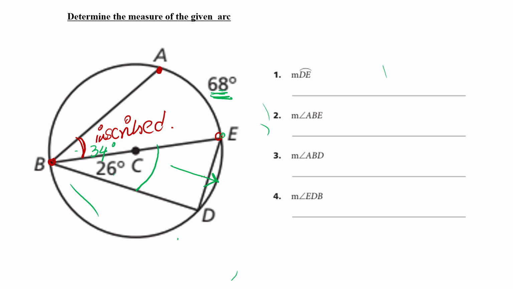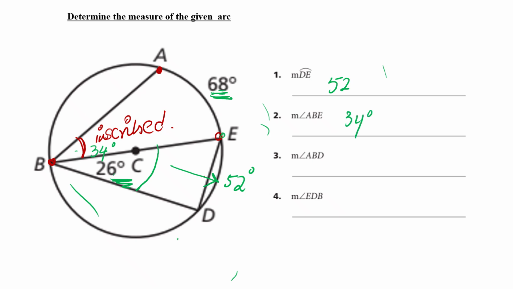It means if this is 26 degree, then it should be double, 26 times 2, which gives us 52 degree. Double it, yani times 2. Okay. Now next thing, so we have arc of DE. So arc of DE, we find out that it is 52 degree. Our angle of ABE, we already find out inscribed angle. So it is actually 34 degree.